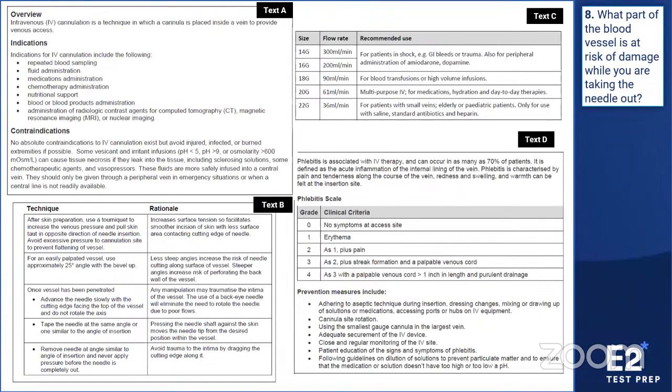What part of the blood vessel is at risk of damage while you're taking the needle out?